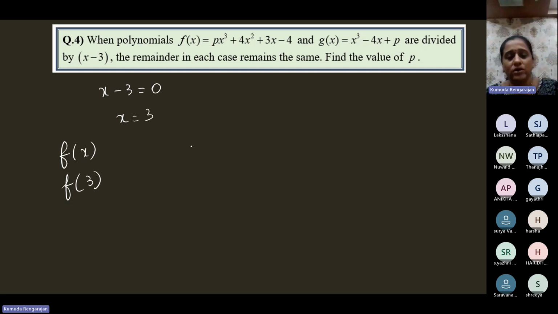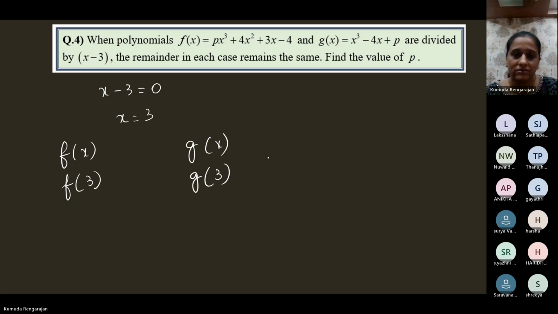The other dividend polynomial is g of x. When you find g of 3, the value of the polynomial at x equal to 3, you will be able to find the remainder when g of x is divided by x minus 3.